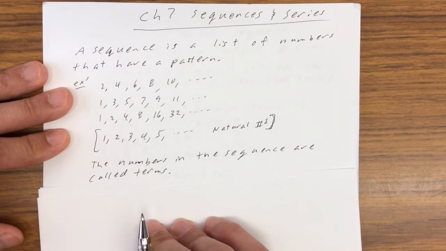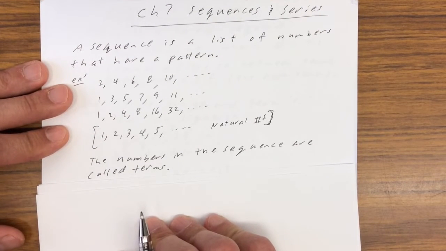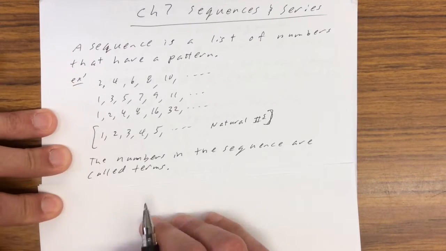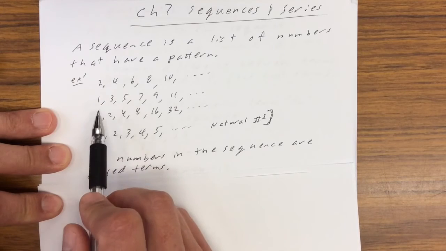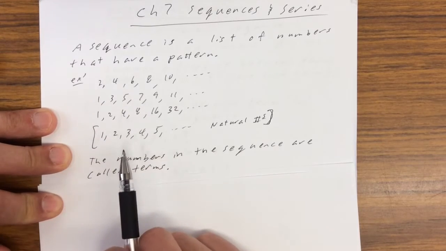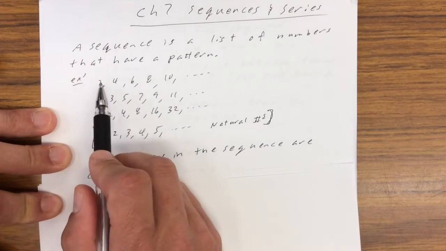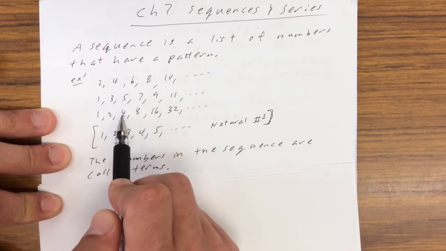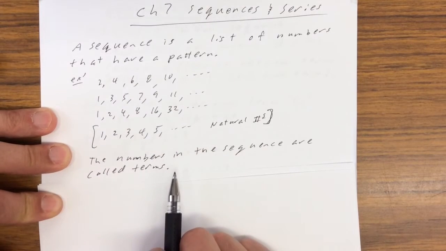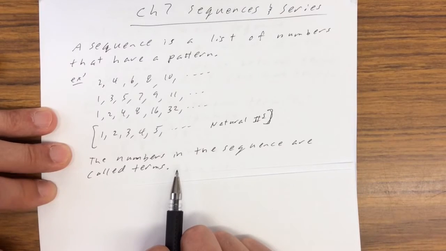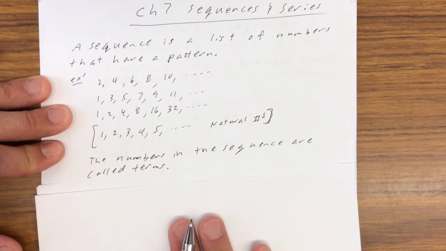The numbers in a sequence are called terms. So if I want to talk about the first term, well, in these sequences, it's 2, 1, 1, 1. The third term, well, you go third term in, so 6, 5, 4, 3. So those are the terms in a sequence.